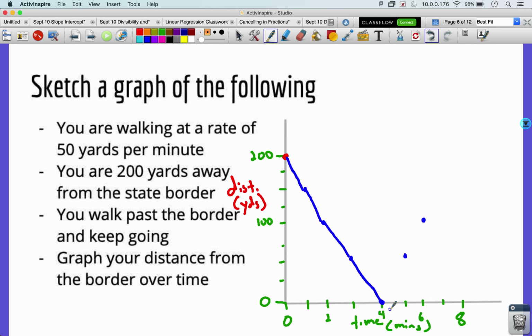I'm on the other side, but we're just doing the absolute distance, which is only a positive number. So we can see that this graph bounces and starts going back up and creates this V shape. This is an absolute value graph. All right, let's save this for now. We'll come back and write an equation for this in just a second.